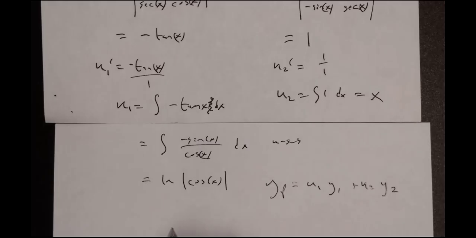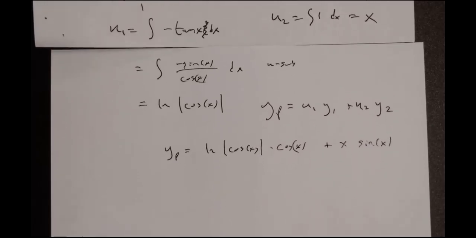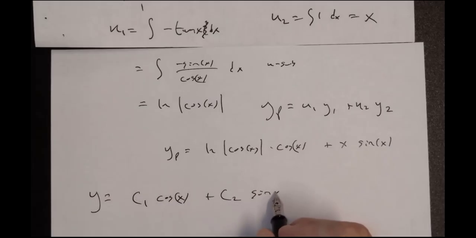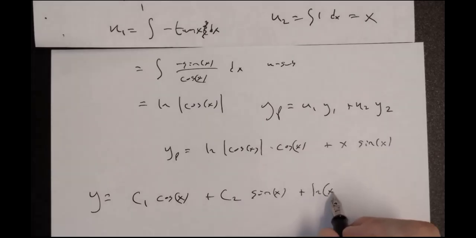In our case, that's ln of cosine of x times what? What was y1 again? Cosine of x. And then plus x times sine of x. Which means our general solution is c1 cosine x plus c2 sine x plus ln x.